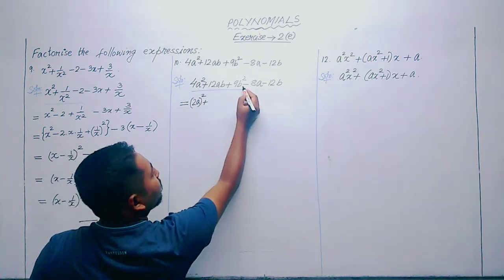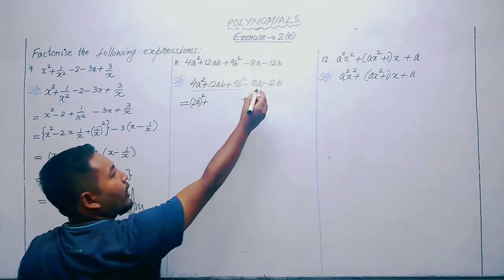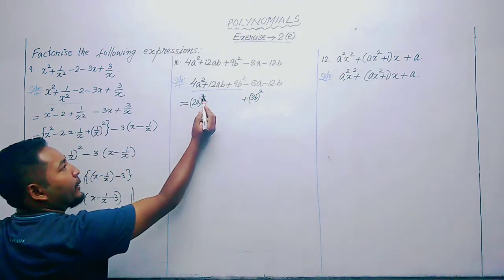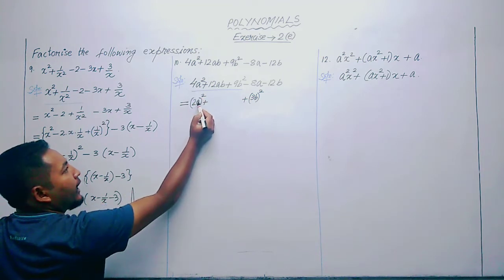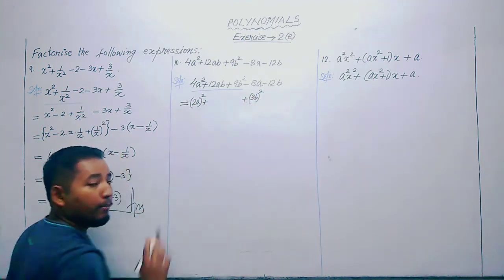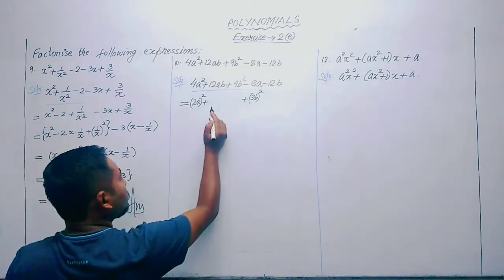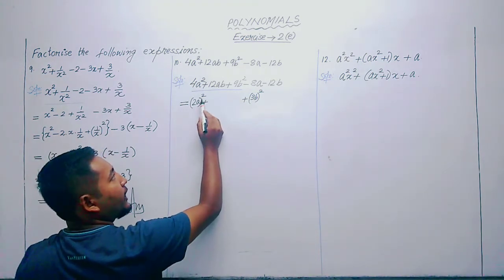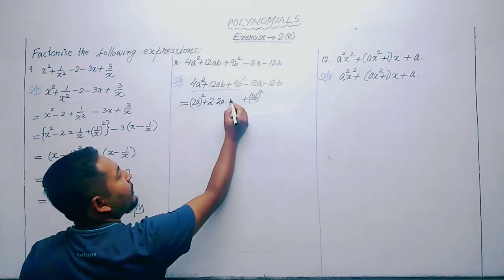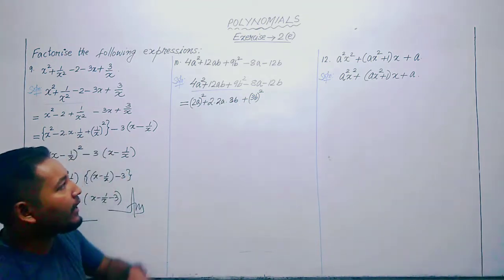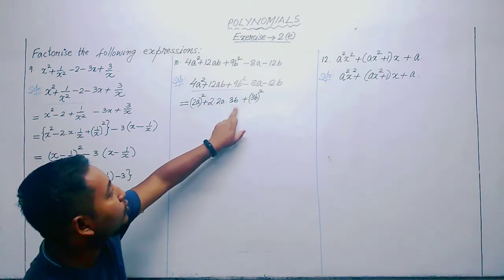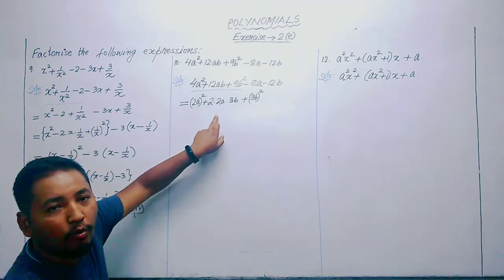Plus 9b square, I can write 3b whole thing square. If you check, 2 square is 4, a square, 3 square is 9, b square. Now check it out: a square plus twice a means 2a, b means 3b. Now if you multiply them, 2 2s are 4, 4 3s are 12, ab. Isn't it interesting now? Yes.